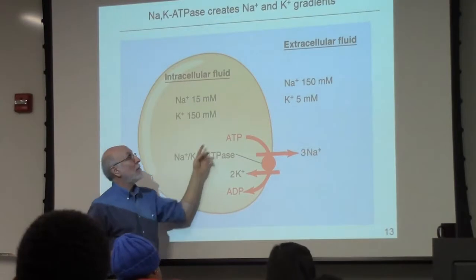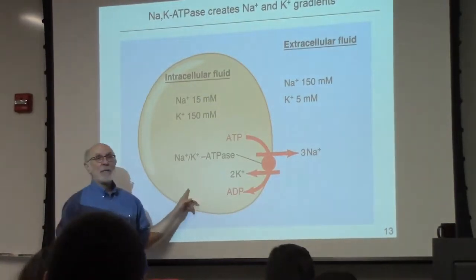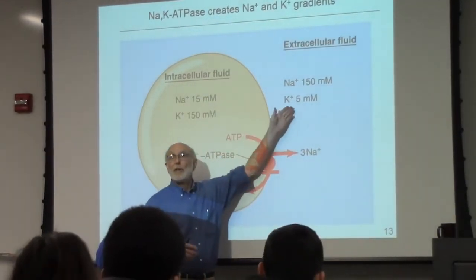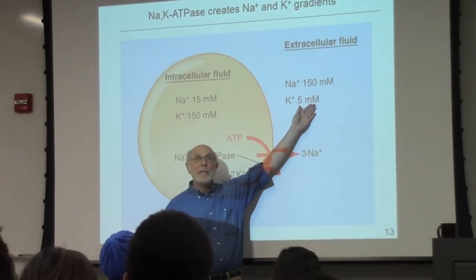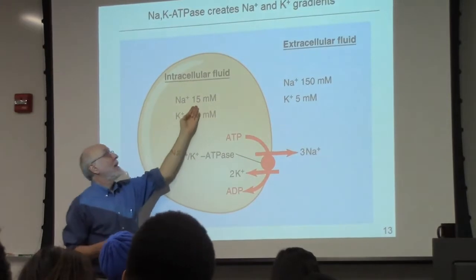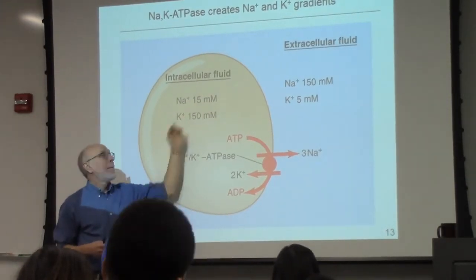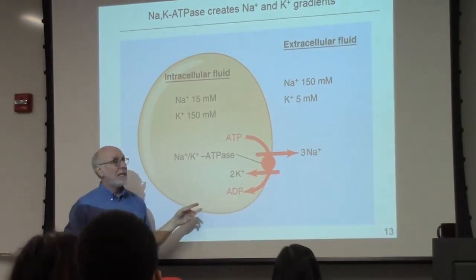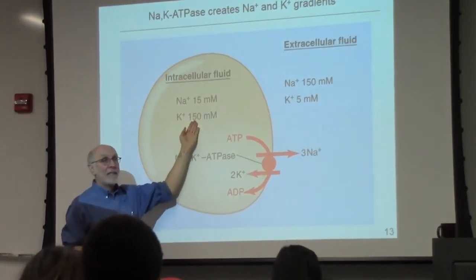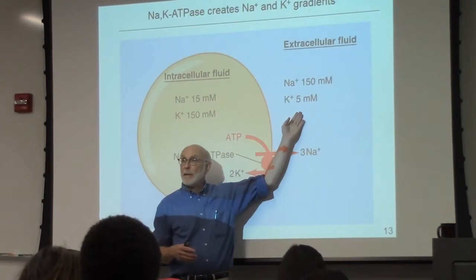The pumping of sodium out and potassium in builds gradients. So the sodium concentration outside cells is higher than inside the cells. Potassium is pumped in, so the potassium concentration is higher on the inside than on the outside.